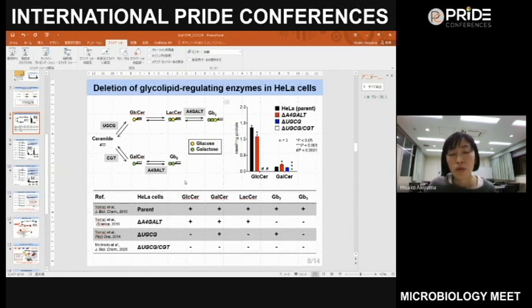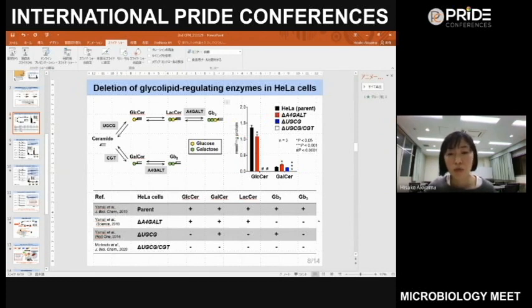Because GB2 standards are not commercially available, to identify the two peaks detected in the human CSF, we used HeLa cells genetically engineered to express different glycosphingolipid metabolizing enzymes. Parental cells, A4GALT knockout, UGCG knockout, and UGCG-CGT double knockout HeLa cells were established by Dr. Yamaji at the National Institute of Infectious Diseases in Japan.